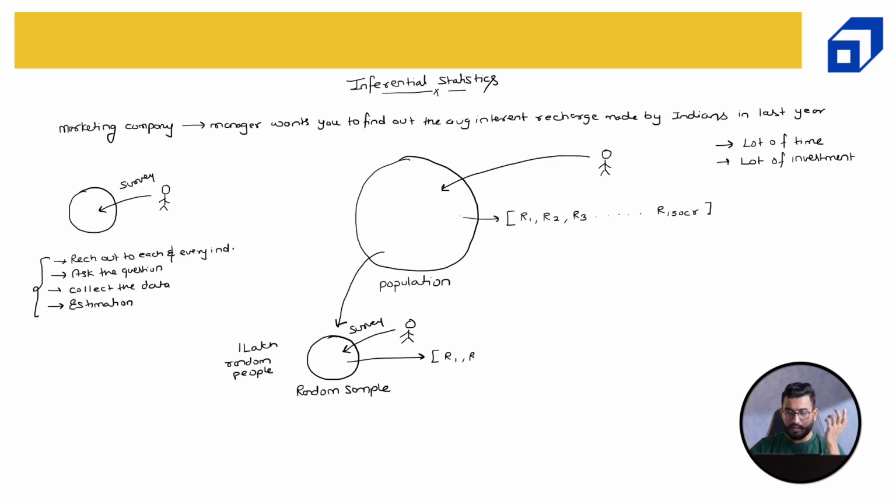So R1, R2 till R1 lakh. Then you took the average, and this is my sample average. This is known as the sample statistic.